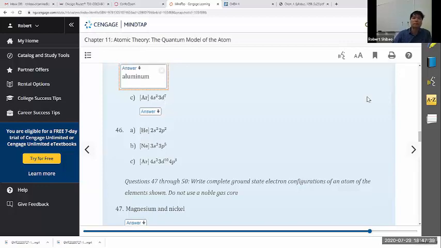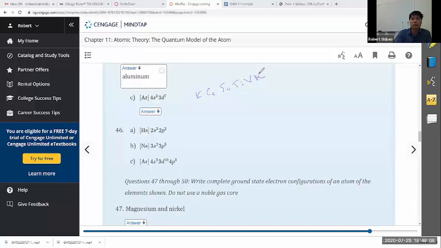Potassium, calcium, scandium, titanium, vanadium. This comes up manganese. 1, 2, 3, 4, 5, 6.